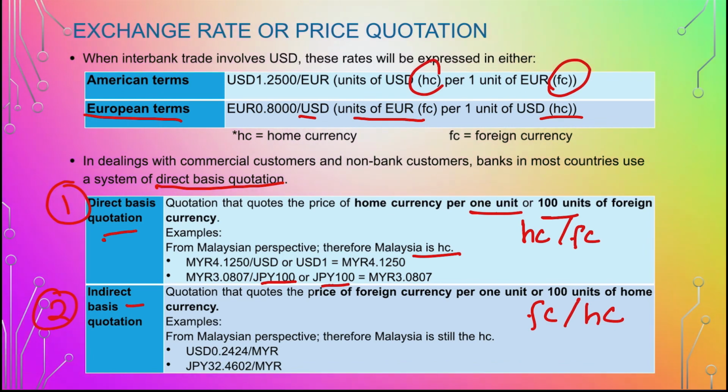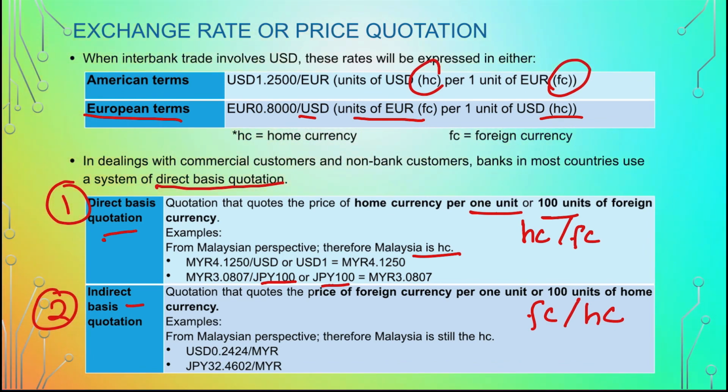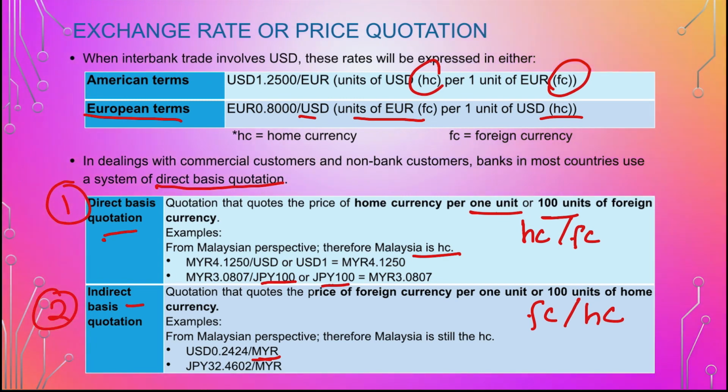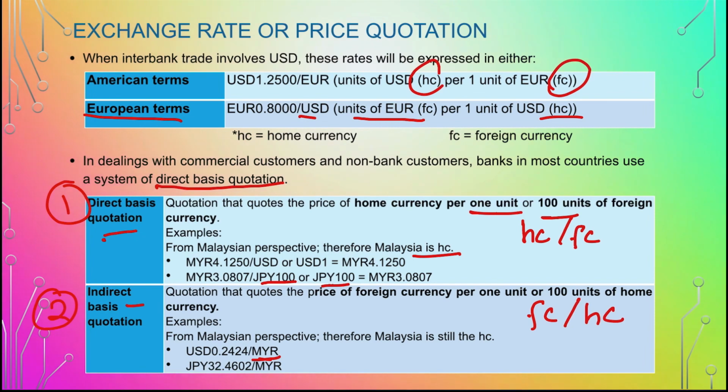For example, again, from Malaysia perspective, Malaysia is still the home currency. So, per 1 ringgit, US dollar is 0.2424 or Japanese yen 32.4602 per 1 Malaysia ringgit.